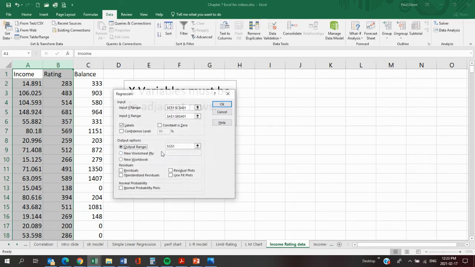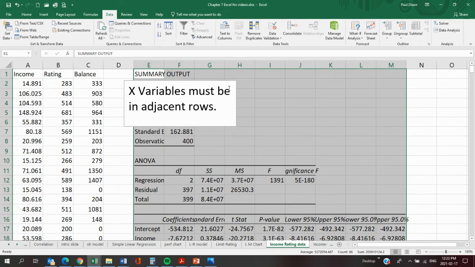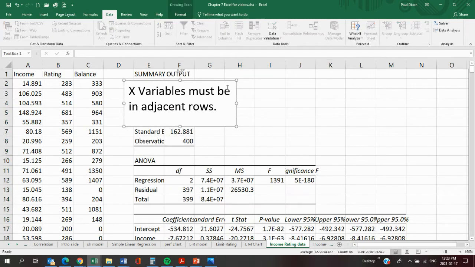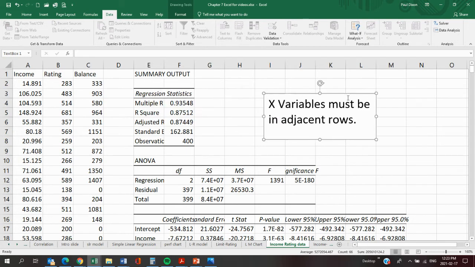Let me just put it into the same sheet, just over here to the left, put it at E1, and get this box out of the way here. There we go.